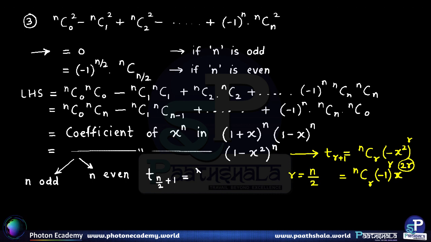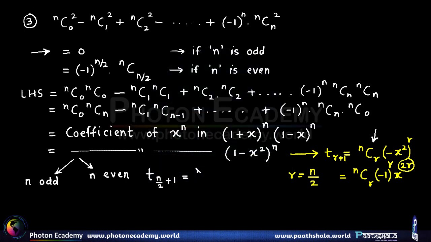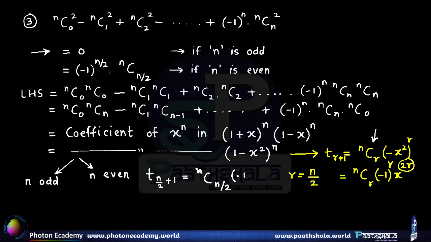That is, in this particular term we simply put r as n by 2. That is equal to nC(n by 2) into minus 1 raised to n by 2 and multiplied with x raised to 2r.